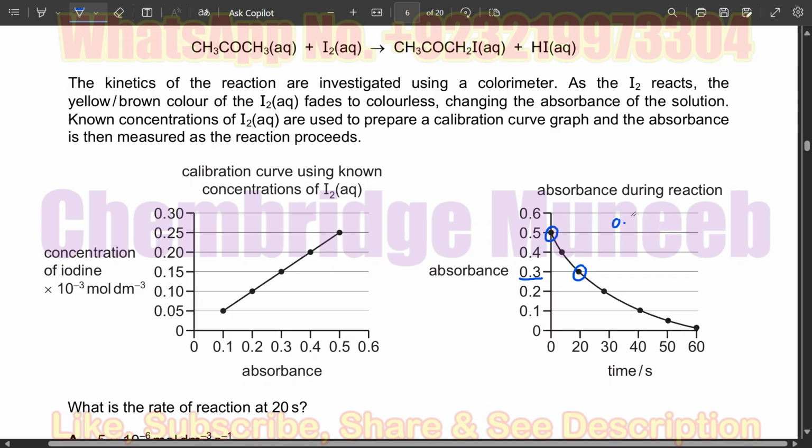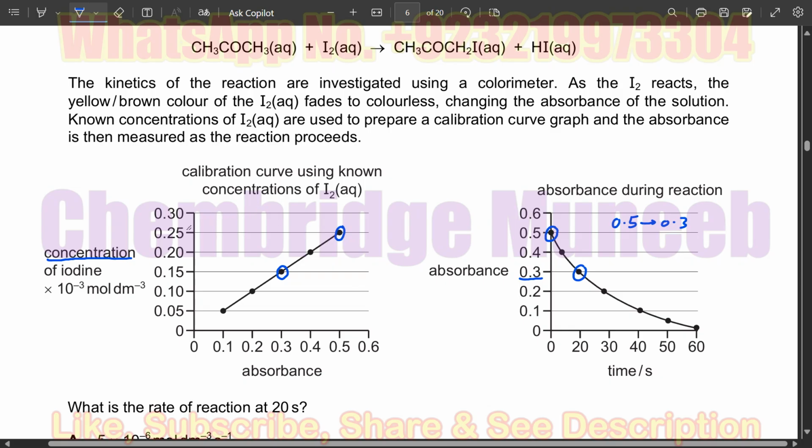So the change is from 0.5 absorbance to 0.3 absorbance. Now we have to look at the same absorbance change on the left graph. On the left graph, the 0.3 absorbance is present here and 0.5 absorbance is present here. On this graph, we can find the change in the concentration during this reaction. So the change from 0.5 to 0.3.